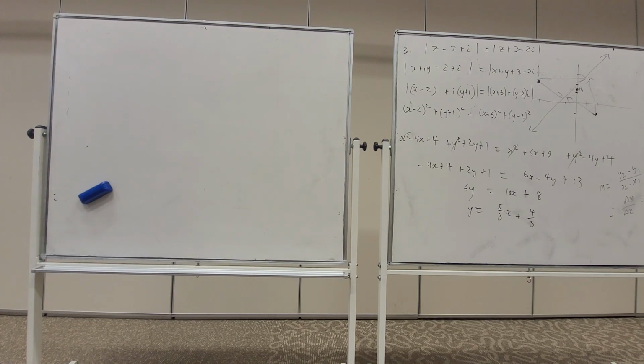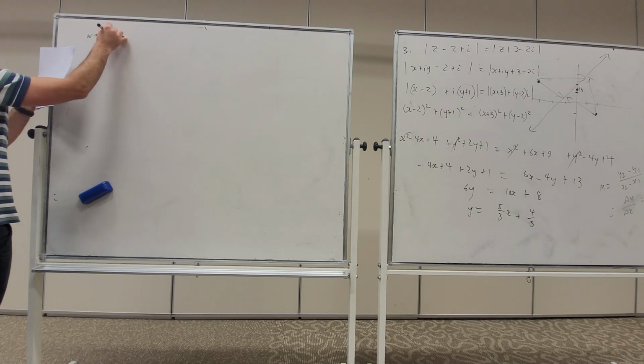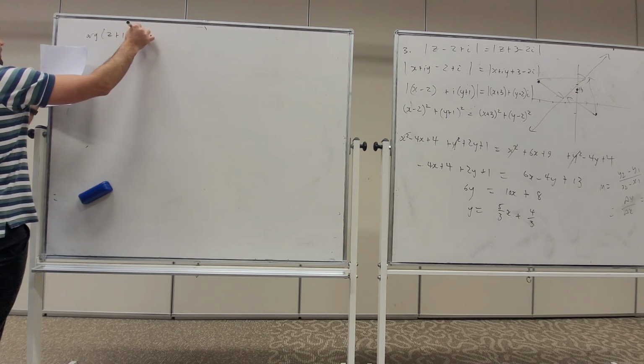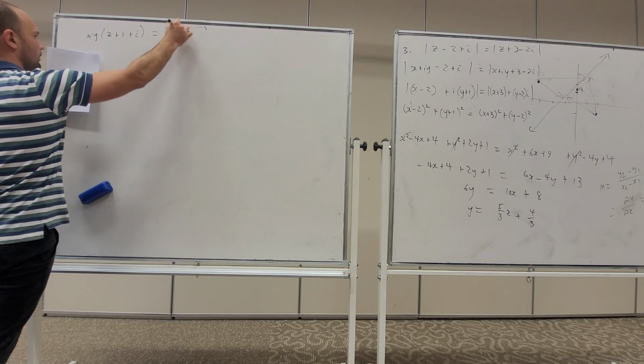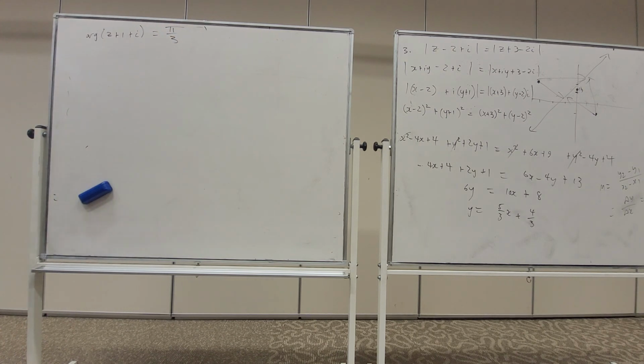3B. In 3B, we have to illustrate this. We have the argument of z plus 1 plus i is equal to pi on 3. Yeah, we just have it's equal to pi on 3, don't we?